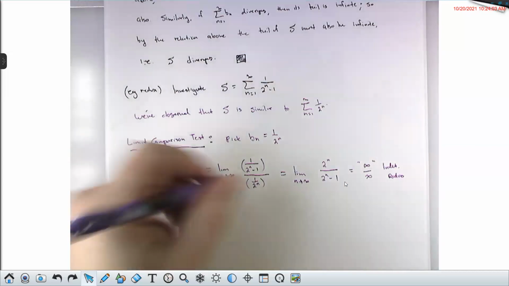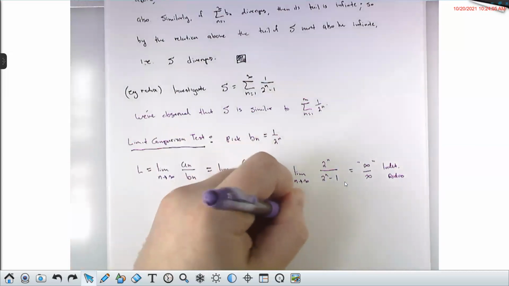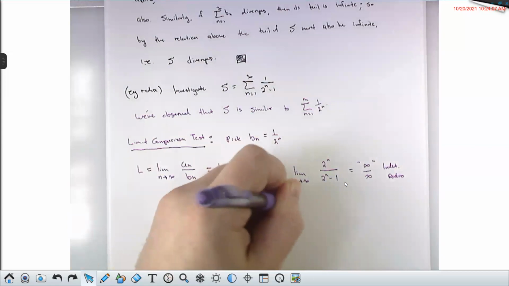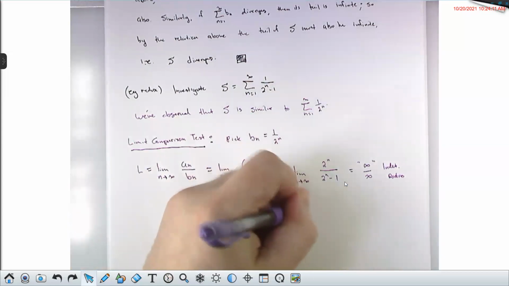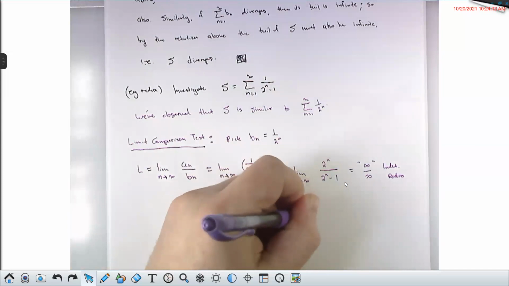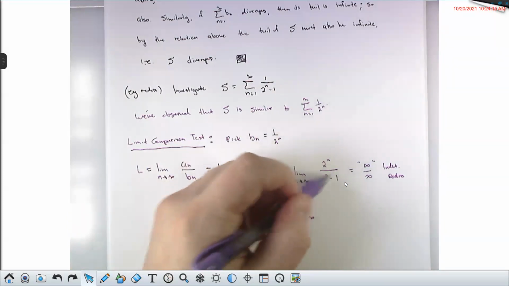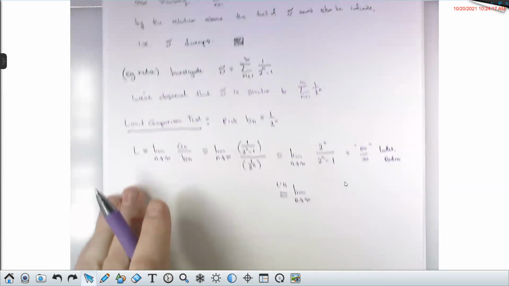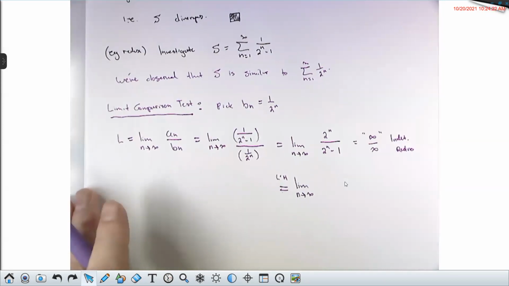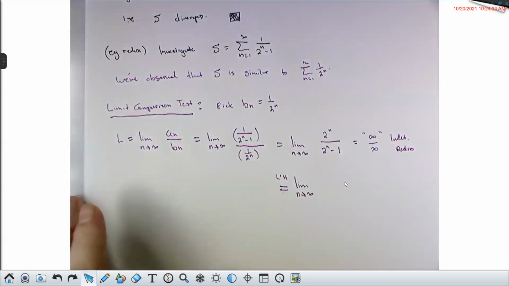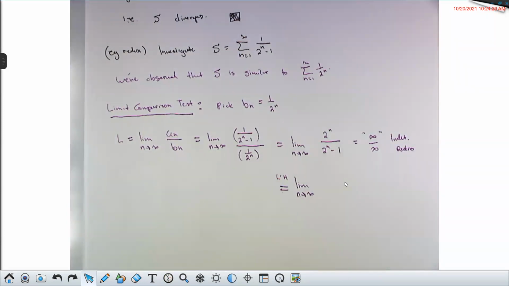So by L'Hopital's rule, this is equal to the limit as n goes to infinity of, what is the derivative of 2 to the n? Does anybody remember how to differentiate exponentials that are not e to the x?